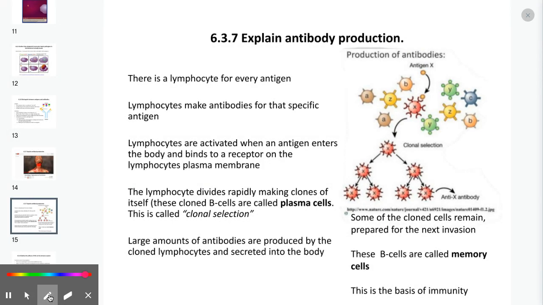All right, let's begin. So let's start with a protein that's entered our body. Let's say it's a bacteria. Let's make it a virus.